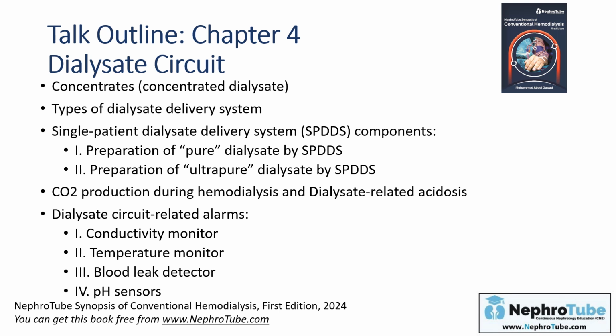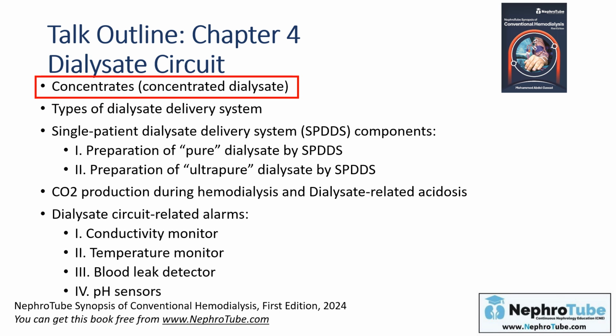This is my talk outline, and I will start with the concentrates, or we can also call them concentrated dialysate. It is the first component of the dialysate circuit, and the main idea to have the dialysate in a concentrated form is to decrease the bulk and transportation expenses.